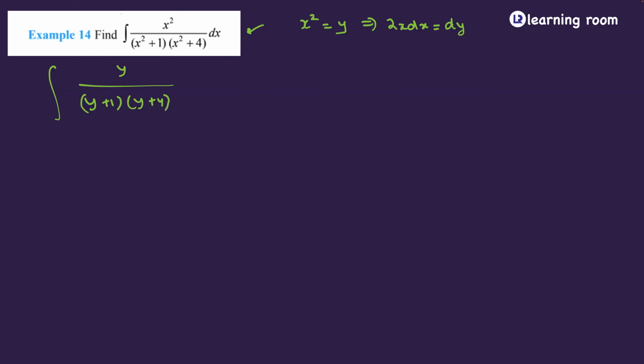And in the place of dx, what can I write? The only challenge is here you cannot use it directly. dy by 2 times root y is what we can use. So 2 times root y into dx is equal to dy. So dx is equal to dy divided by 2 times root y.